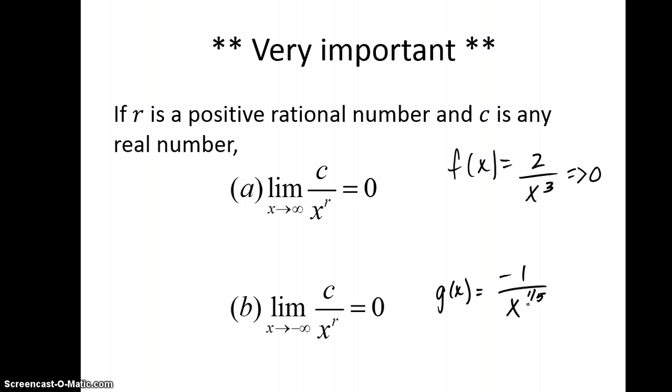So r just has to be a positive rational number because we have to keep the variable in the denominator. If x gets infinitely smaller, it's just going to get smaller and smaller. A number divided by that really, really negative number is going to approach 0 as well. So we'll use this theorem early and often.